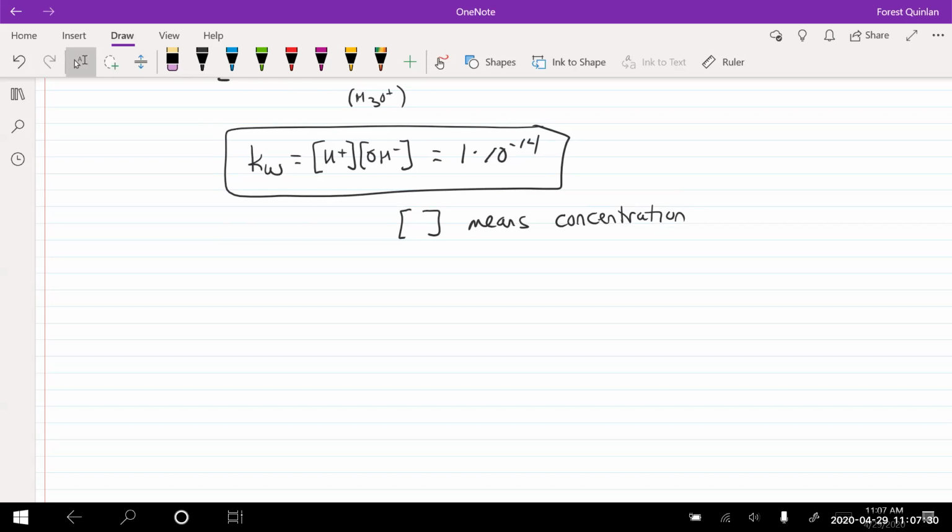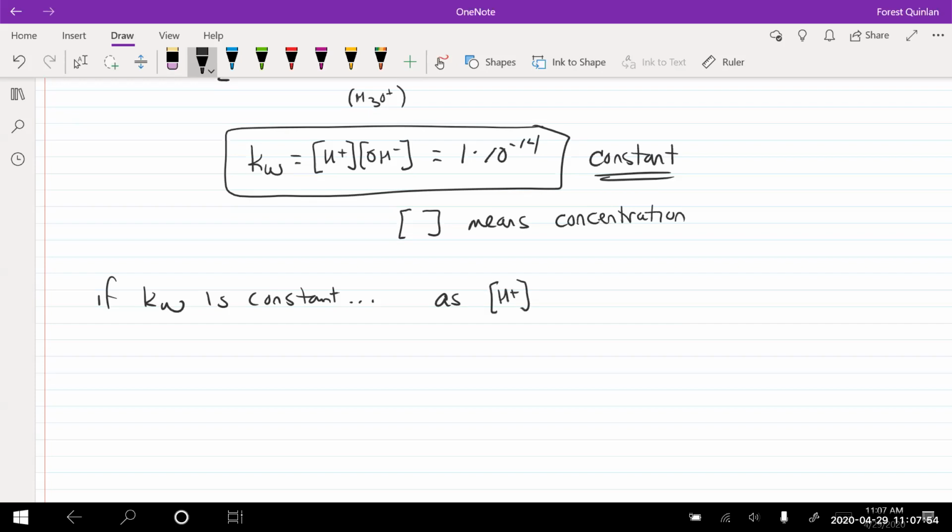Now, this constant right here, this is constant, which means it is infallible. This means if Kw is constant, and it is a number, as you increase the number of hydrogen ions in solution, as those go up, the hydroxide concentration must go down to compensate.